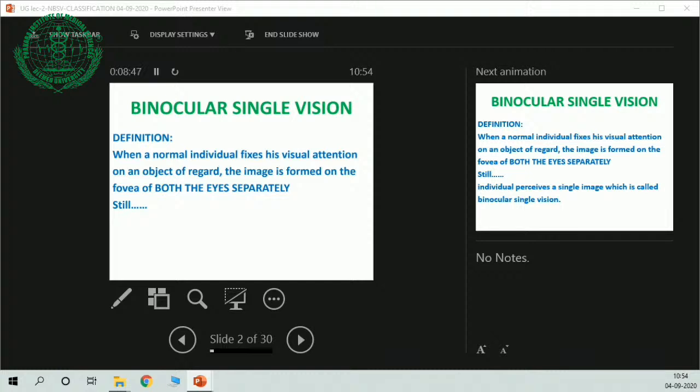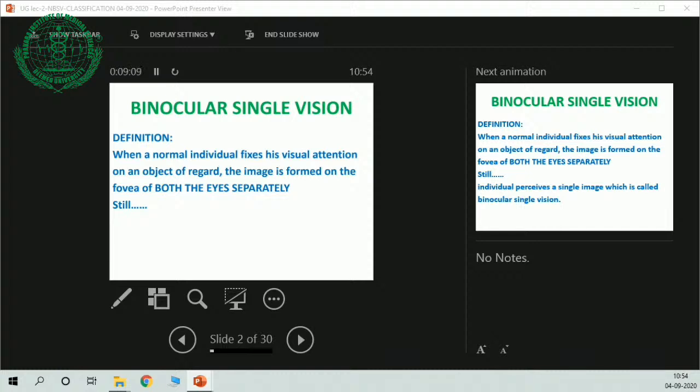No. There is an overlapping of the images, and the person will feel that this is my single vision, a single object I am viewing with both eyes. That is the idea in anybody's mind. So binocular single vision, this is the simple terminology I have already told.